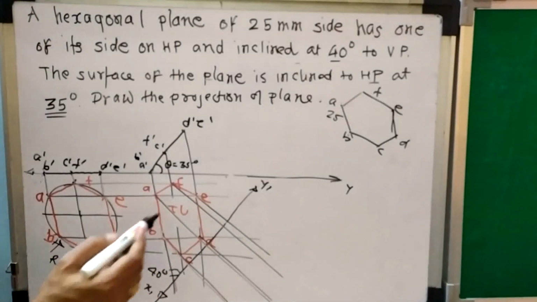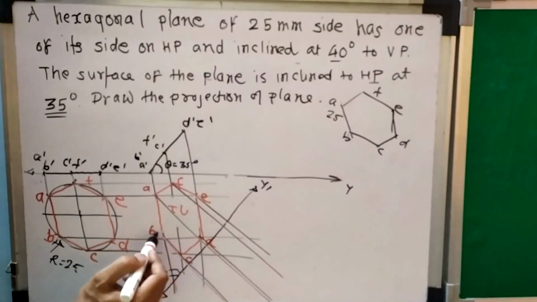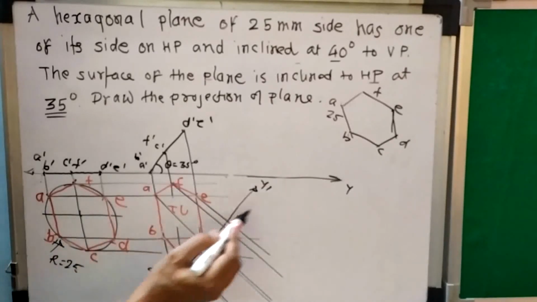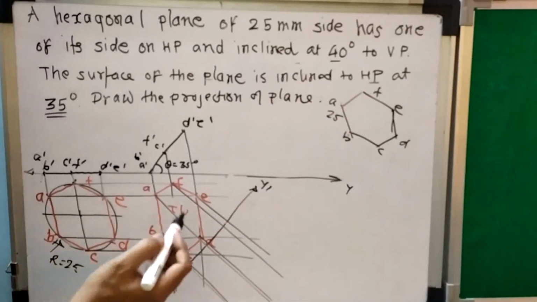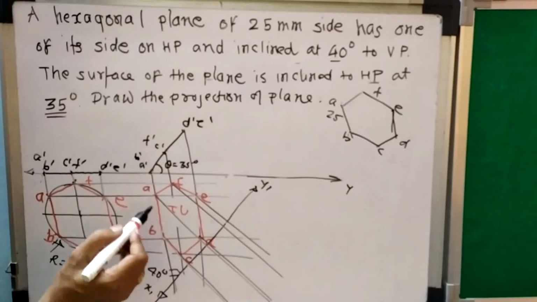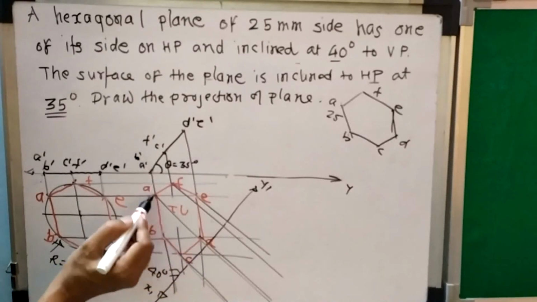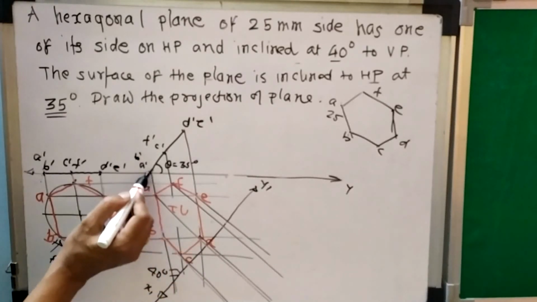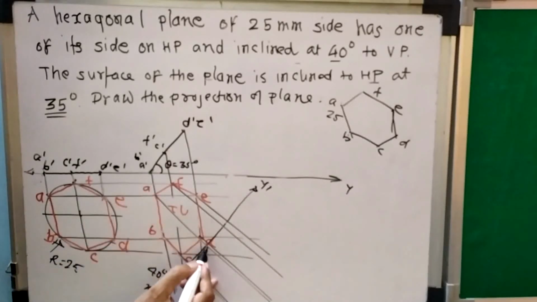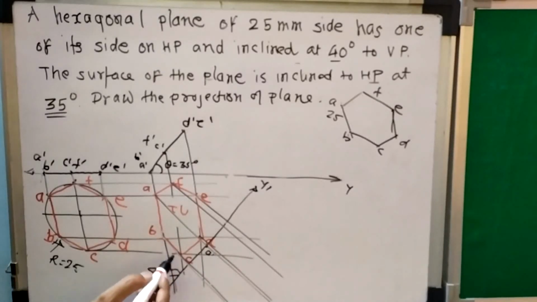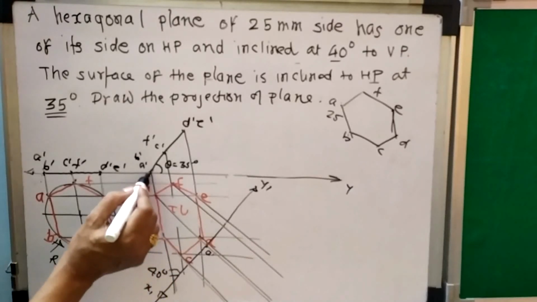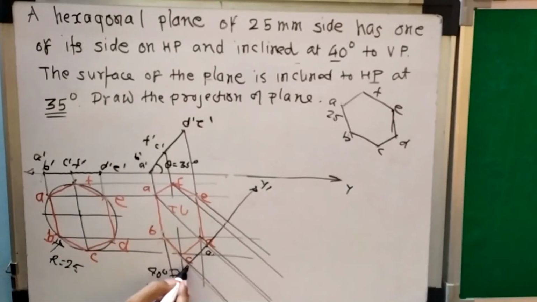So what I have done? I have drawn perpendiculars from A, B, C, D perpendicular to XY, and now I will take the previous view distance. For example, A is projected, the previous view of this A is on XY, so it will also be on XY, that is on x1 y1. So this is A dash. Then B is projected, the previous view of B is on XY, so this will also be on XY.